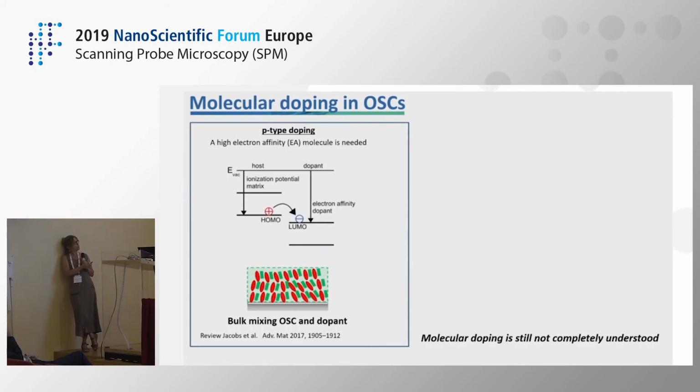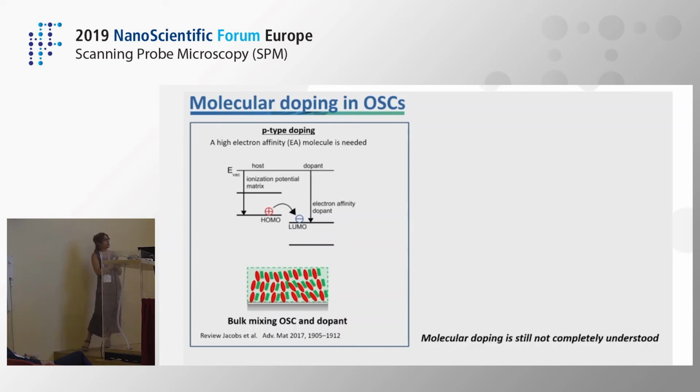So for P-type doping, we need a molecule with a high electron affinity, that is a low-lying LUMO with respect to the vacuum level, so that electron charge transport is favored from the HOMO of the organic semiconductor to the LUMO of this acceptor molecule.